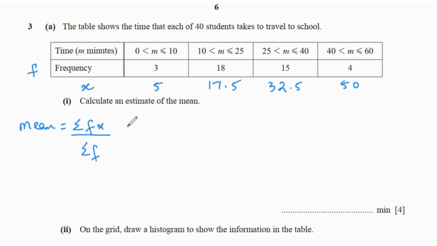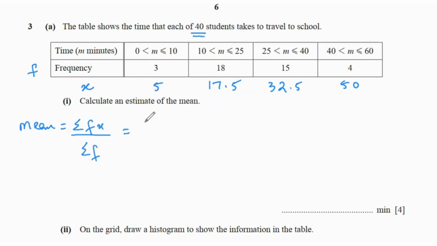Sigma fx basically means you multiply your frequency and midpoint value and then add the results together. So you multiply 3 and 5, then add that to 18 times 17.5 and so on. And sigma f is your sum of frequencies, which is given as 40 students.